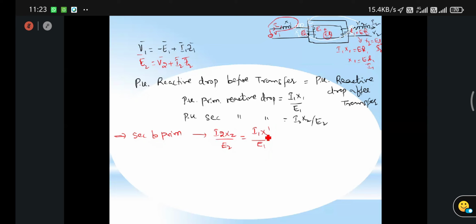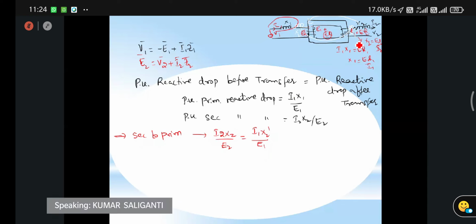But what about the x2 dash? The secondary side reactance has to be transferred to the primary side. That's why the per unit leakage reactance can be transferred from secondary to primary. Like I2 x2 by E2 on the secondary side, coming to primary it is I1 x2 dash by E1.